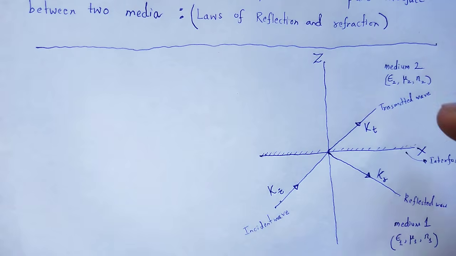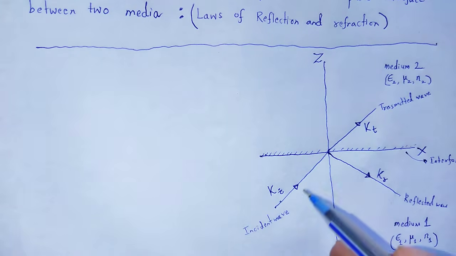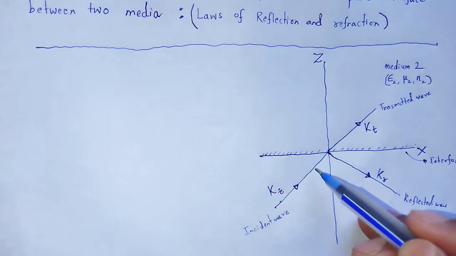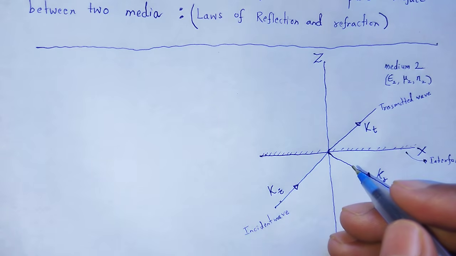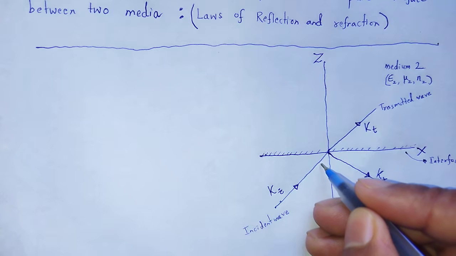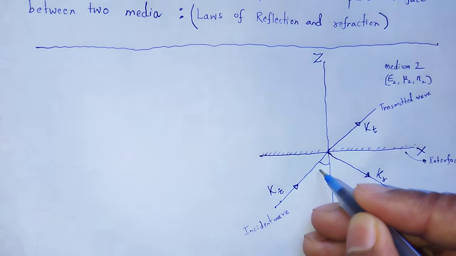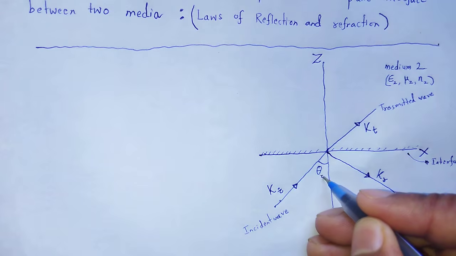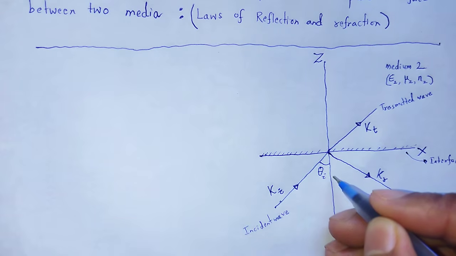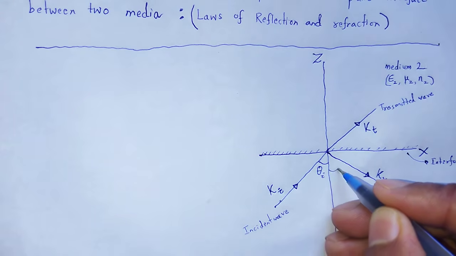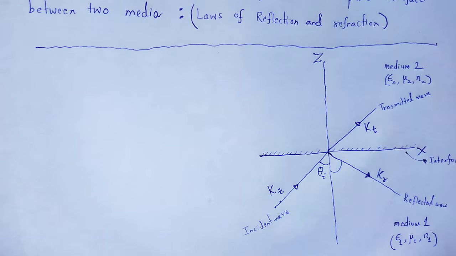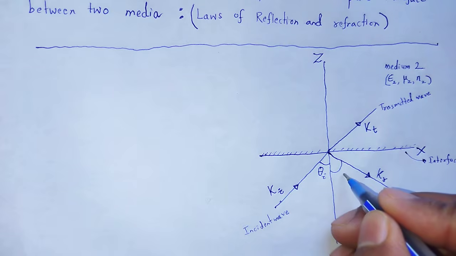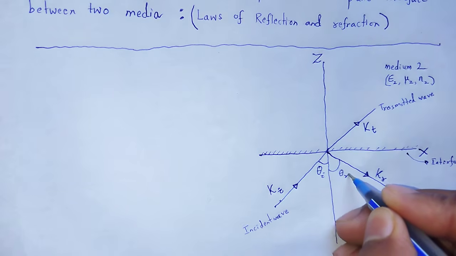T, transmitted wave. That incident wave making an angle to the normal is the angle of incidence, theta i, and the angle of reflection, the angle between reflected wave and normal, theta r.